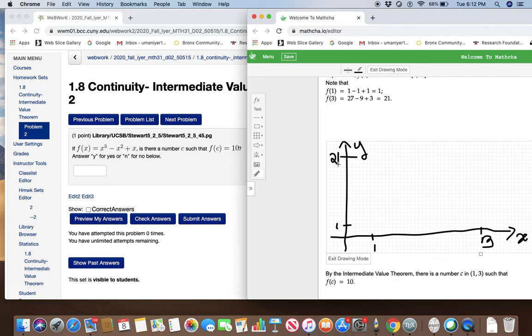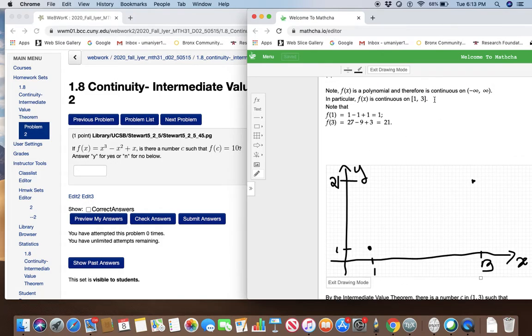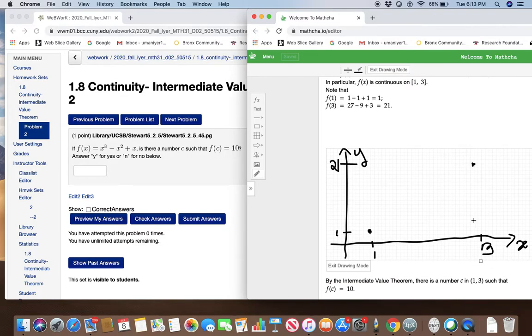That means you have a point here and a point here. The point is your function is continuous from here to here. So we don't know how the graph looks. Whatever it does, it has to start from point (1, 1) and go until point (3, 21), which means every height between 1 and 21 is hit. That's what the intermediate value theorem says.